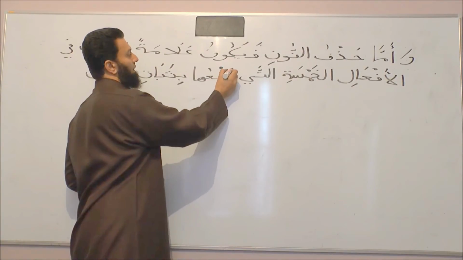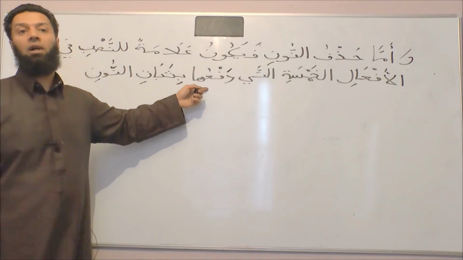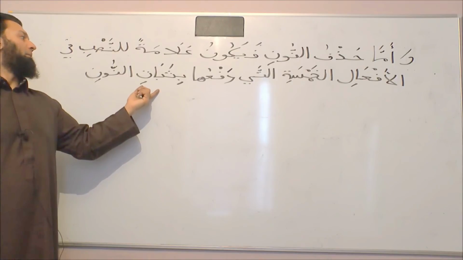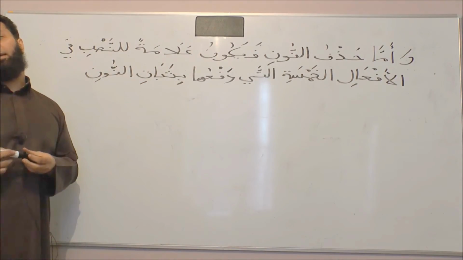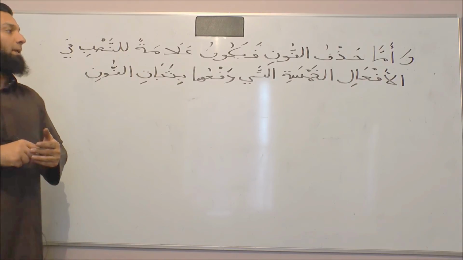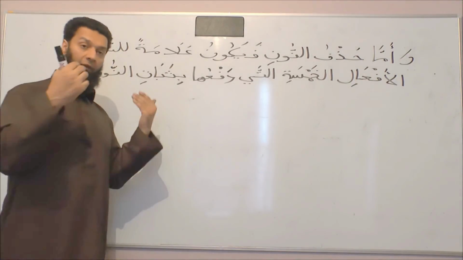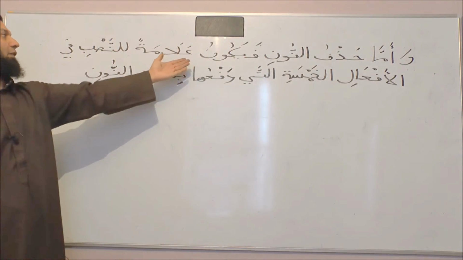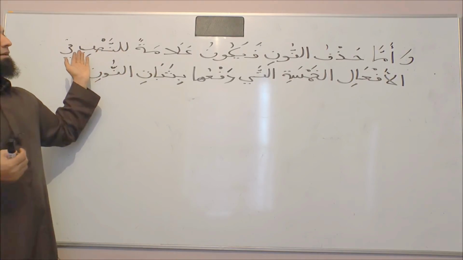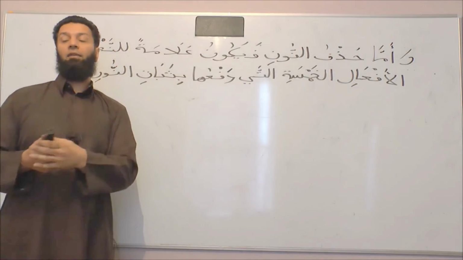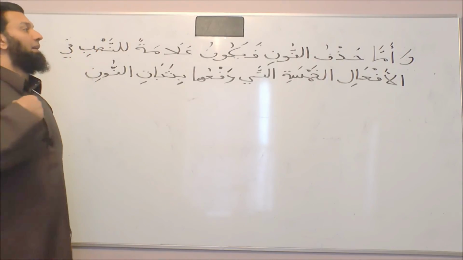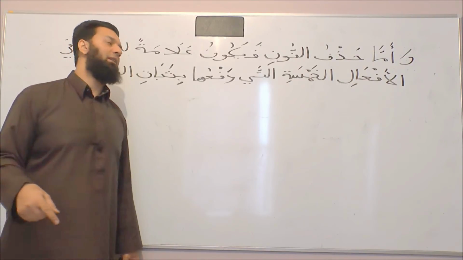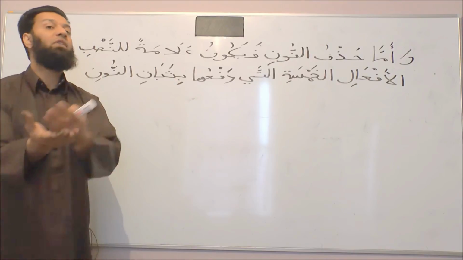It's a marfu' state. Right. التي رفعها, its marfu' state is what? بثبات النون. Establishment of the noon. With affirming the noon. Right? So if حذف النون فيكون علامة للنصب في الأفعال الخمسة, in the five verbs, if removing the noon is the indicator of its mansub state, then what must it mean?